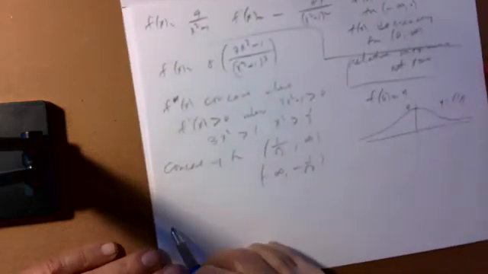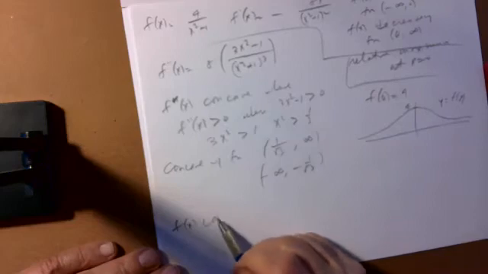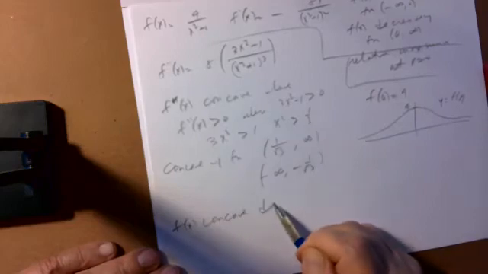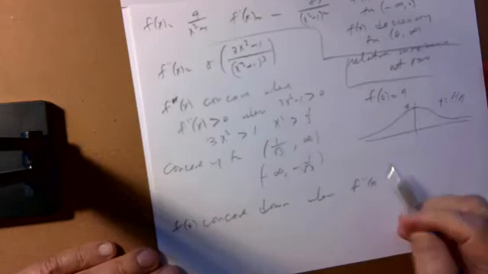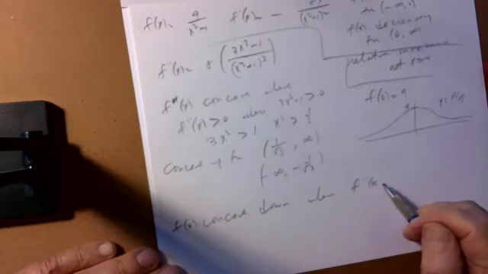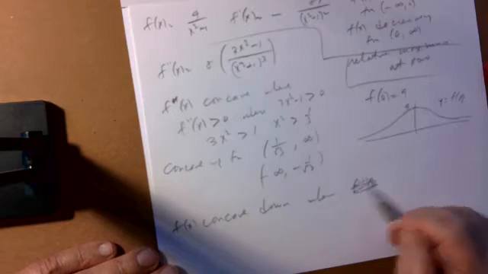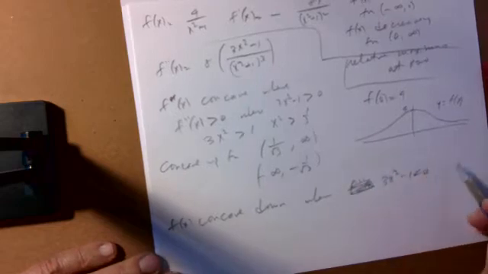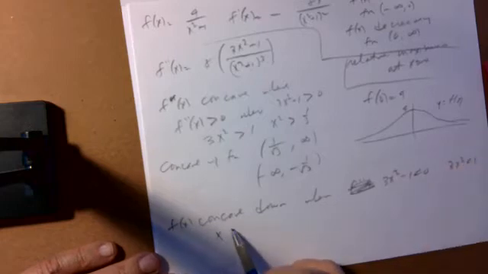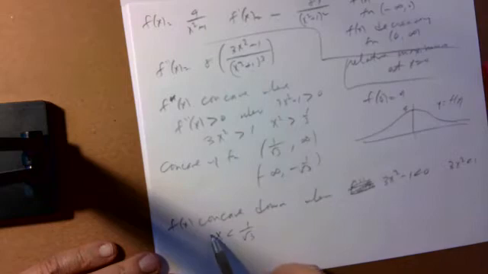And f of x is concave down when the second derivative is negative, which is essentially when 3x squared minus 1 is negative, 3x squared less than 1. That means x is less than 1 over the square root of 3 and greater than minus 1 over the square root of 3.